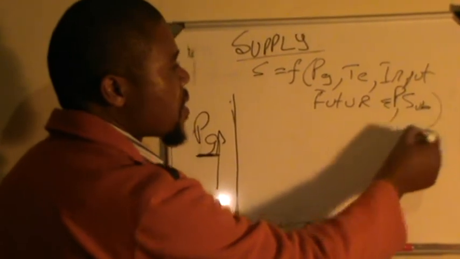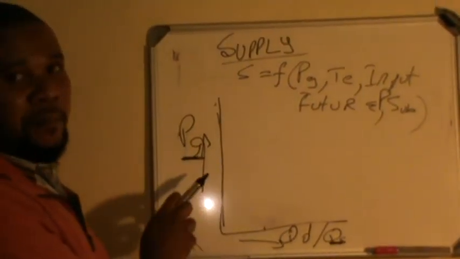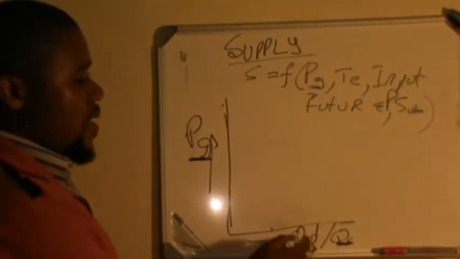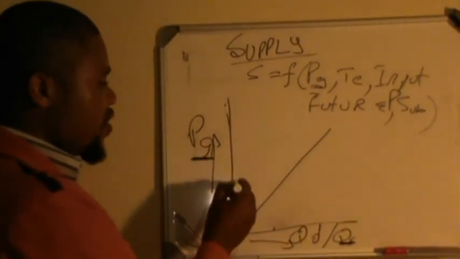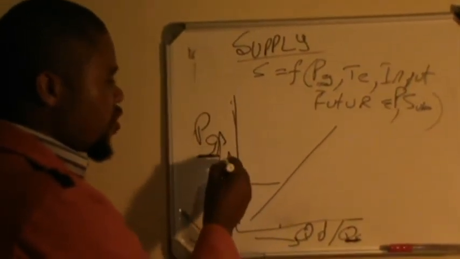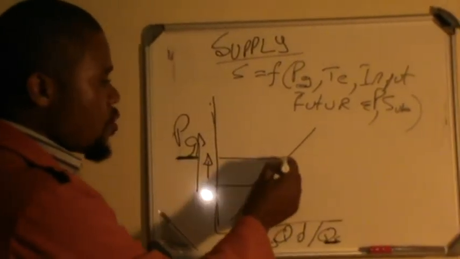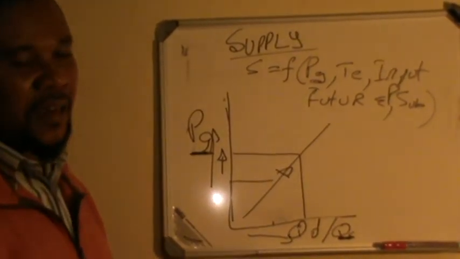Price of substitutes. We would expect that because the relationship that we are mapping out is between that particular factor and the quantity that is being supplied, a change in the price of the good would lead to a movement along the supply curve.